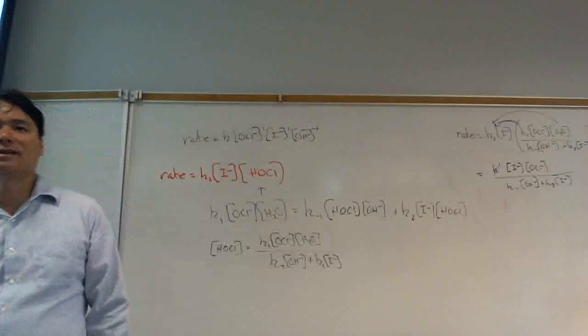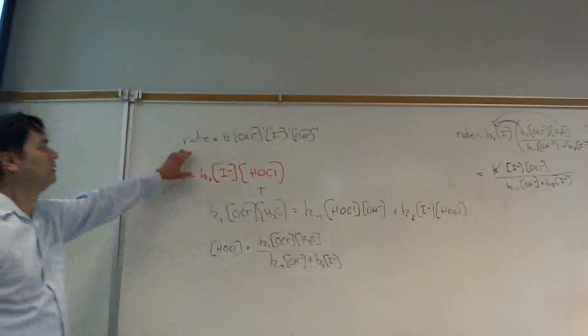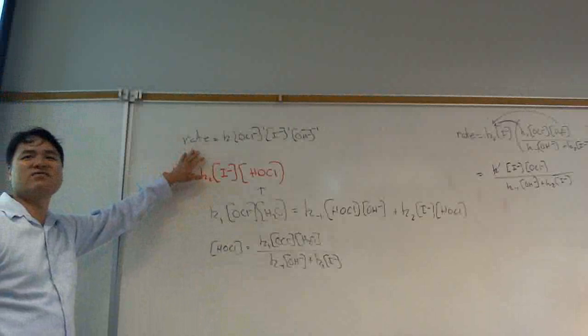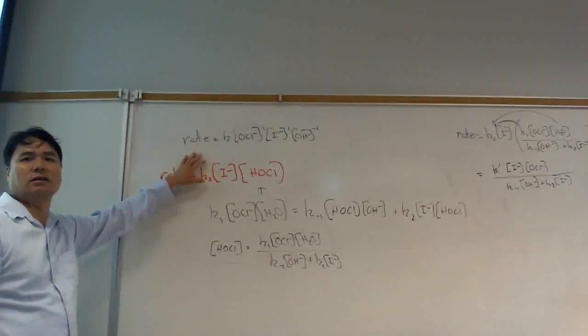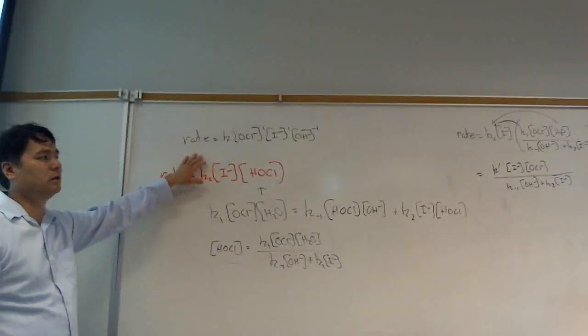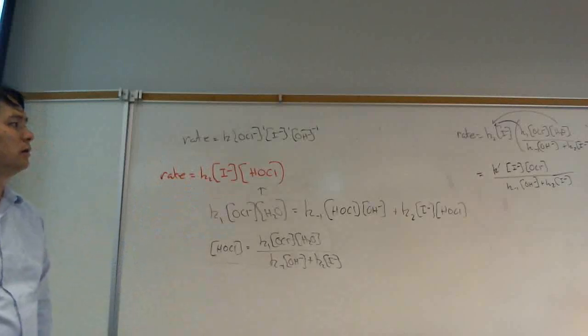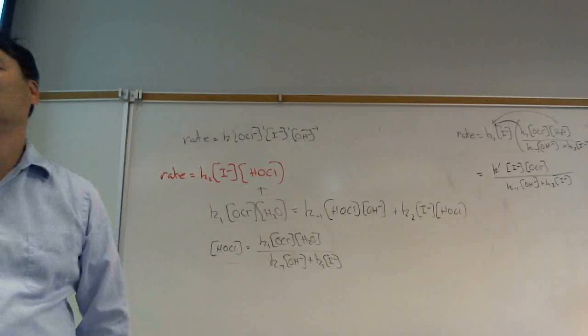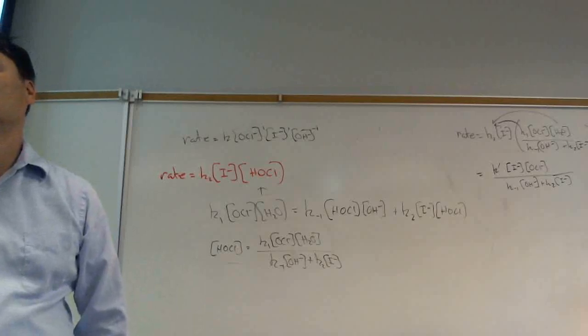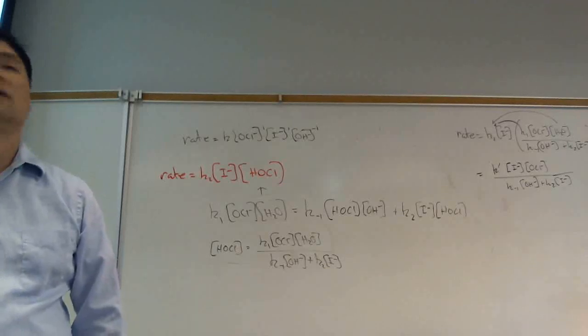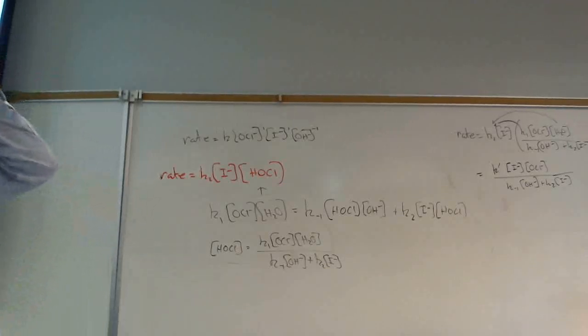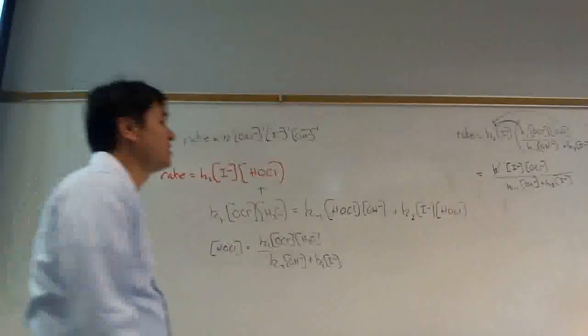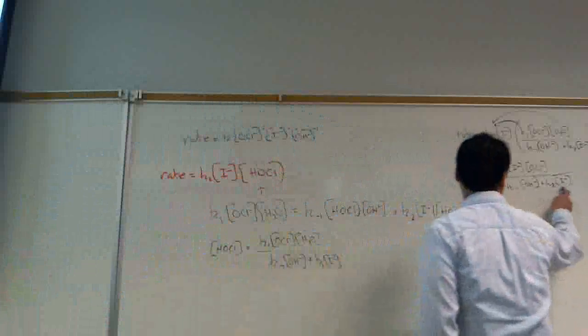So now what? It still doesn't match, does it? No, it still doesn't match. Well, we want the hydroxide concentration in there, but there's something else that we don't necessarily want. That's this other term here, K2 iodide.